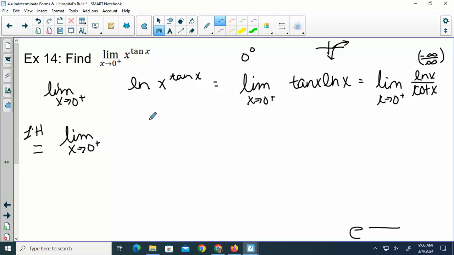Okay, derivative of a natural log is 1 over the argument. What's the derivative of cotangent? Let's try to clean this up. Cosecant is the same as what?